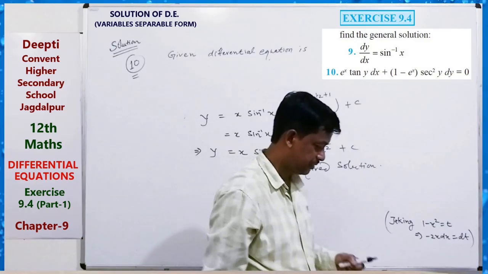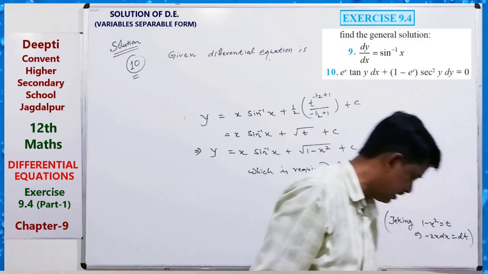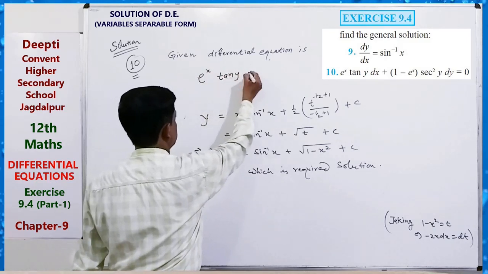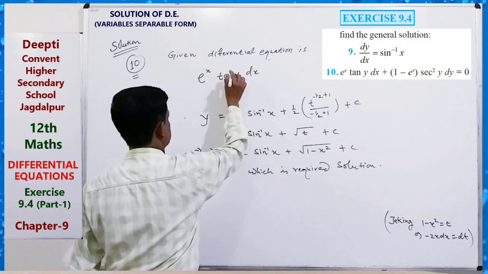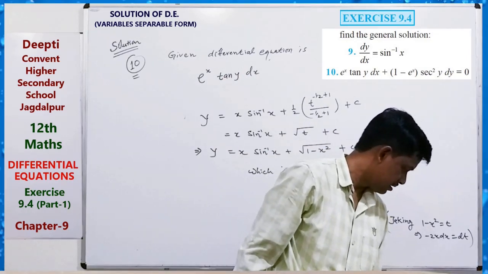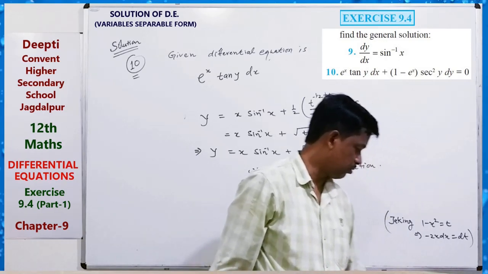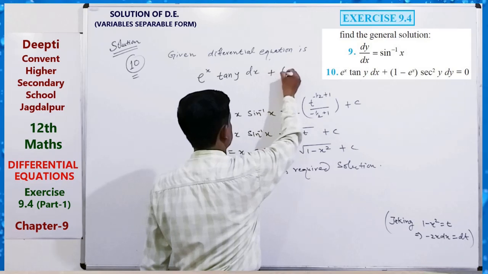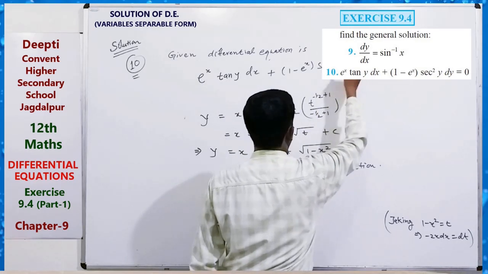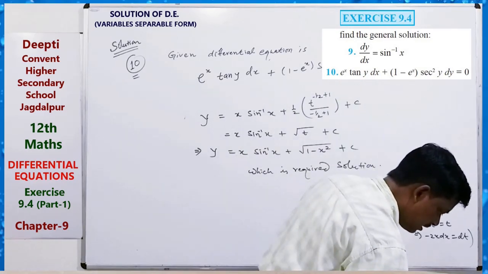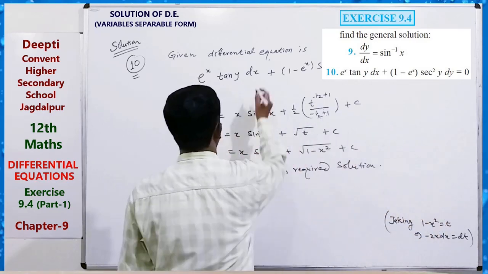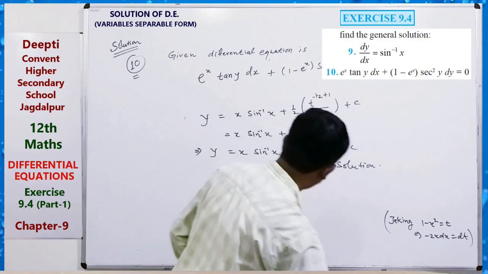The question is e to the power x tan y dx plus 1 minus e to the power x sec square y dy equals to 0. Clear? This is the given differential equation.